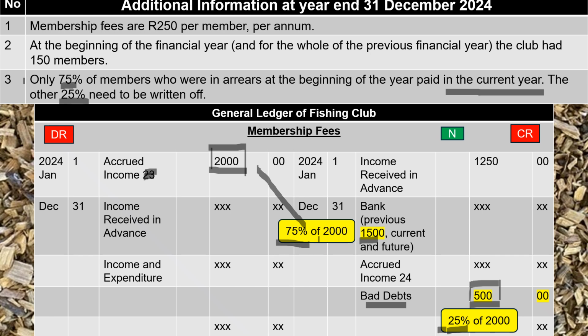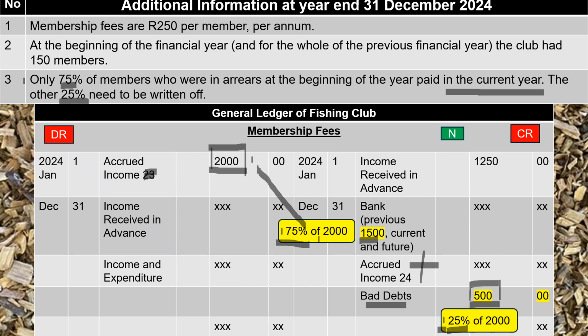So this 1,500 plus the 500 tells us what happened with the accrued income from the previous year with all those members who were in arrears. We received 75% of what was owed and 25% was bad.